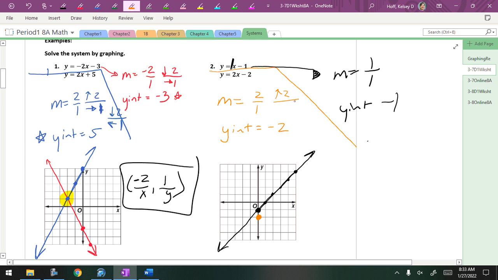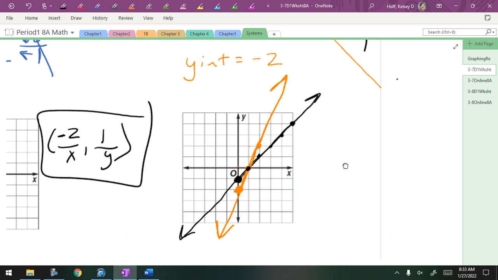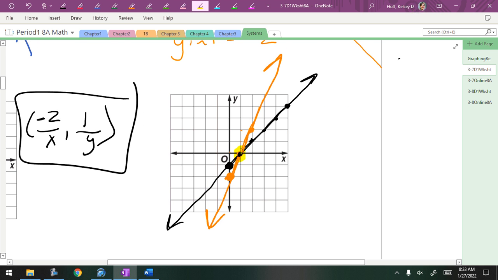Up 2 and right 1. So from your dot down here, up 2, right 1. Oh, I feel like they intersected already, didn't they? Up 2, right 1. I always go a second one just because. And you end up with a line like this. And they crossed right here.